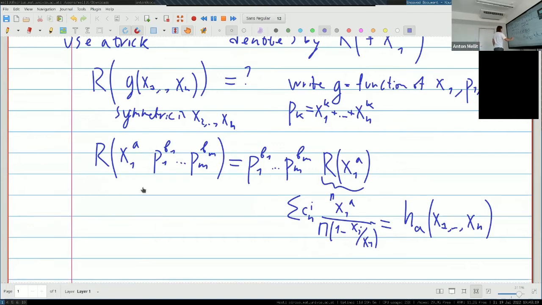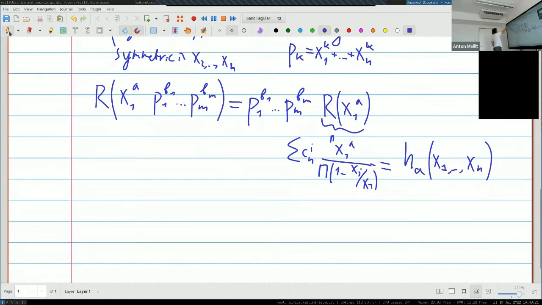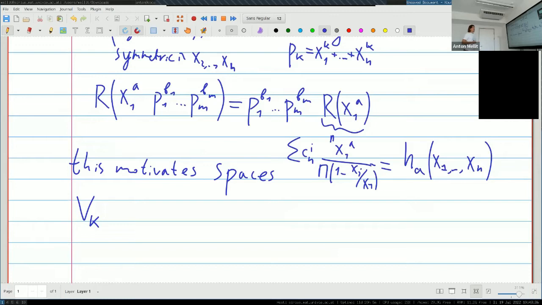So we have this. This motivates the spaces VK that we introduced with Erik Carlsson for the proof of the shuffle conjecture.